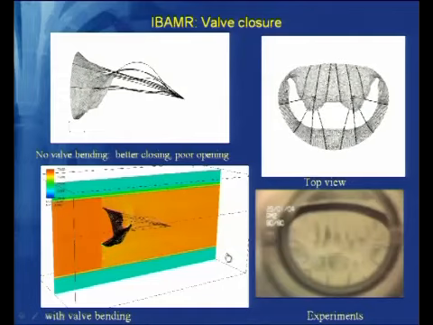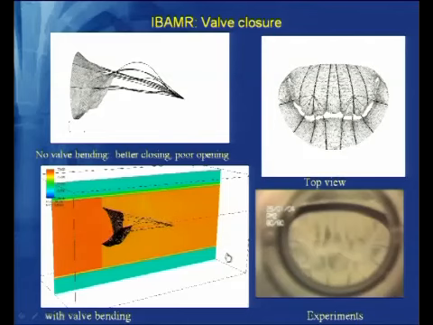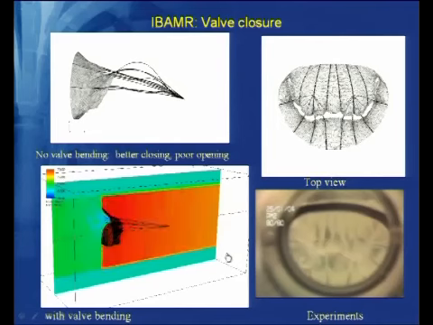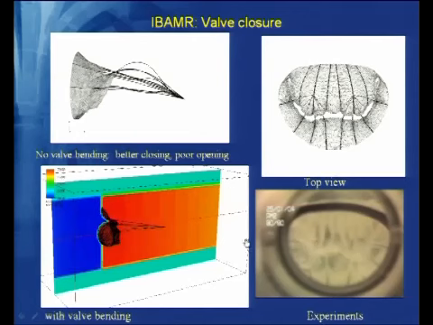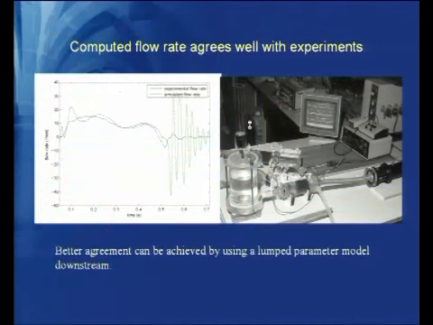So we then added bending stiffness. Once that's done, the results are really nice: the opening and closing are nearly complete, it opens to about the same angle, and that's the pressure field you're seeing. The pressure drop is also in the right range of the experiment.